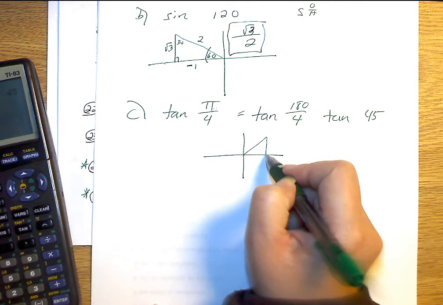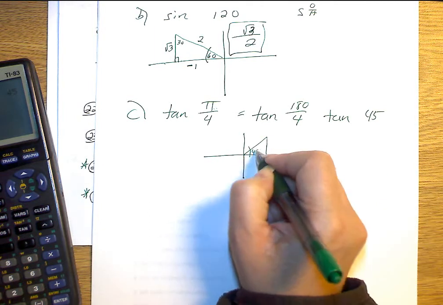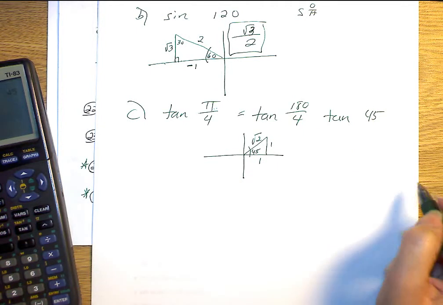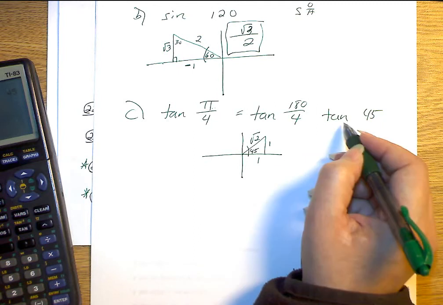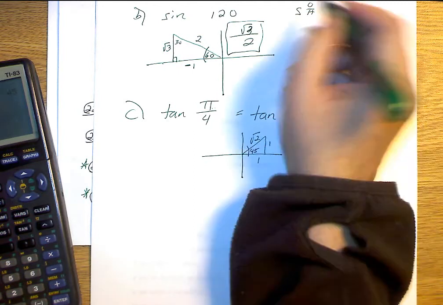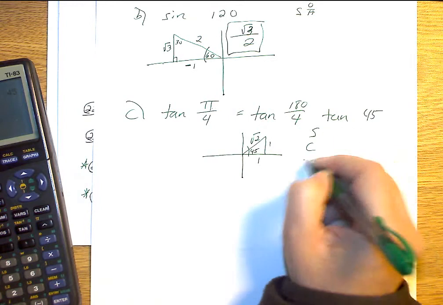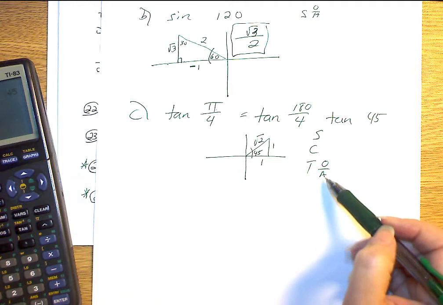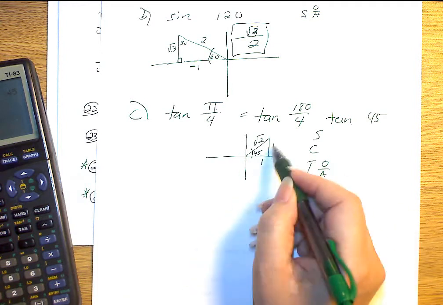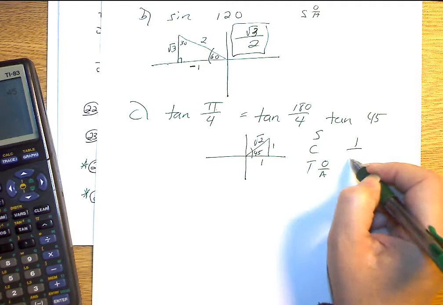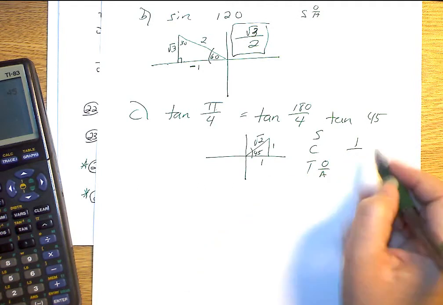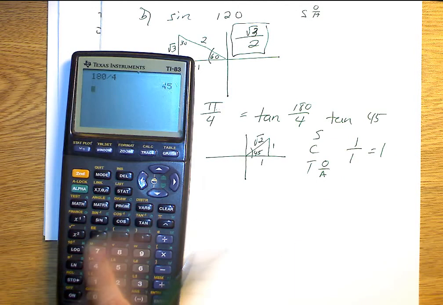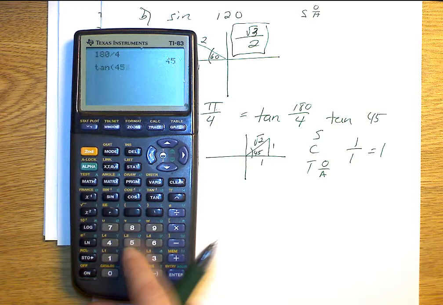So that's a 45 degree triangle. So 1, 1, square root of 2. First quadrant, everything's positive. So now we just have to do the tan, which is your opposite over adjacent. So opposite is 1 over your adjacent, which is also 1. So it equals 1.